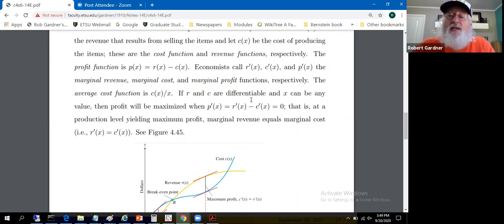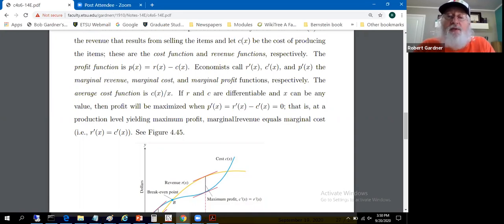If R and C, the revenue and cost functions, are differentiable and x can be any value, then profit will be maximized when the marginal profit function, that is the marginal revenue function minus the marginal cost function, equals 0.